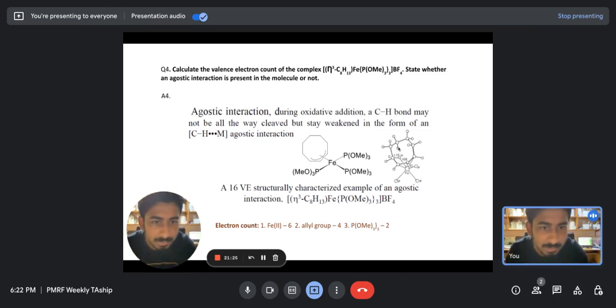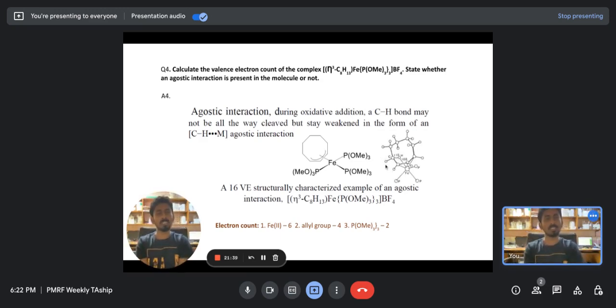So here you can see in the crystal structure of the molecule, this carbon hydrogen bond, this carbon is the adjacent carbon to this allyl group. So we have 2 hydrogen atoms in this motif. Now one of the hydrogen atoms is proximal, near or close to the metal center, that is the iron. That's why this hydrogen has an agostic interaction with the iron.